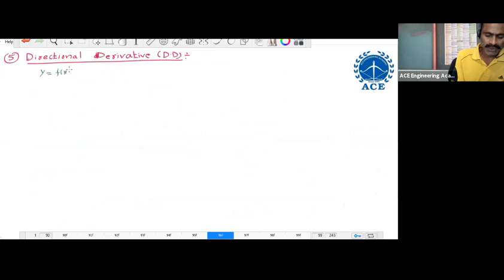For a function of one independent variable, the derivative is written as dy by dx only. For a function of three variables, u equal to f of x, y, z, the derivatives are written as dou u by dou x, dou u by dou y, dou u by dou z only.